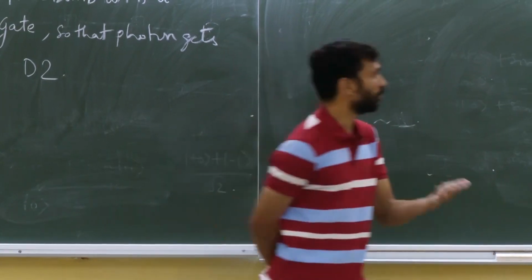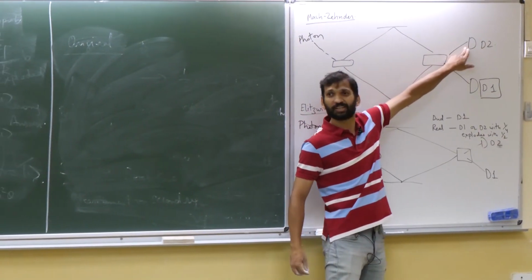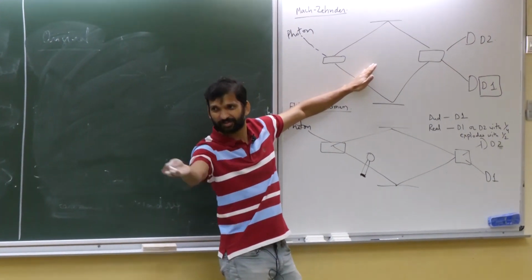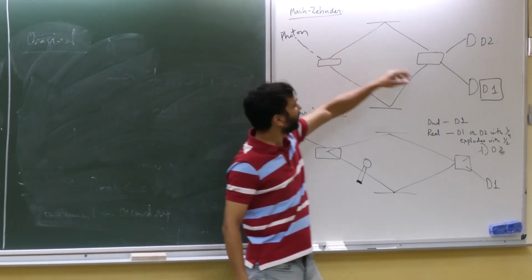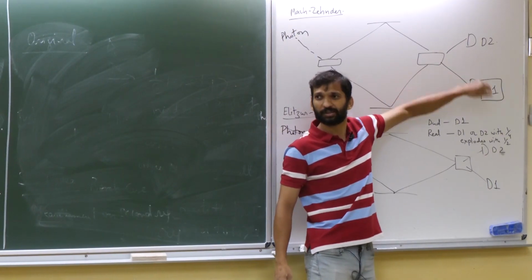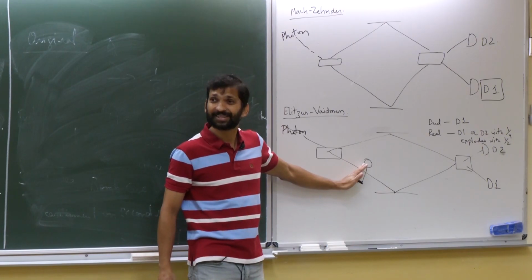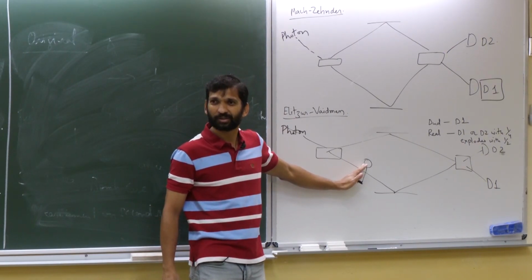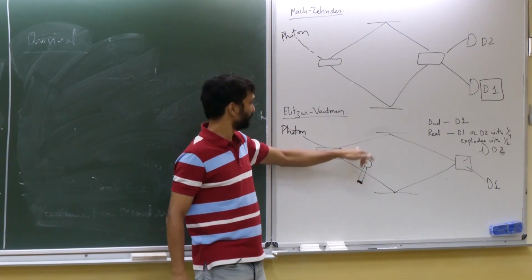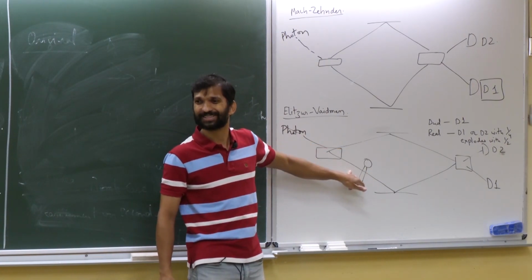So what was happening? There was constructive interference here, there was destructive interference here. If I put a phase of minus 1 or pi, then destructive interference will happen here, constructive interference will happen here. In some sense, that's putting a Z gate. So this will be a controlled Z, because on 0, I don't put a phase, on 1, I put a phase.